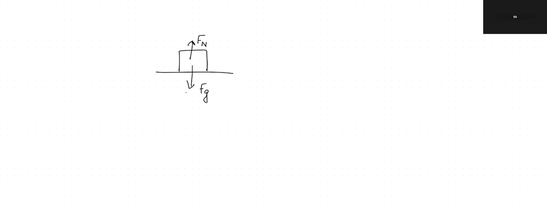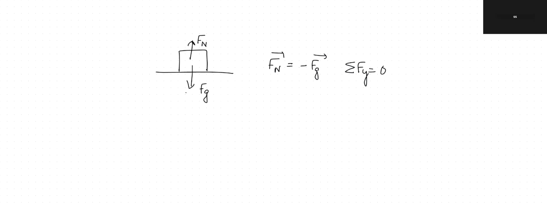So force N is equal to negative mg, because we see that the net force in the y direction is zero, because neither is the block going up, nor is it going down.